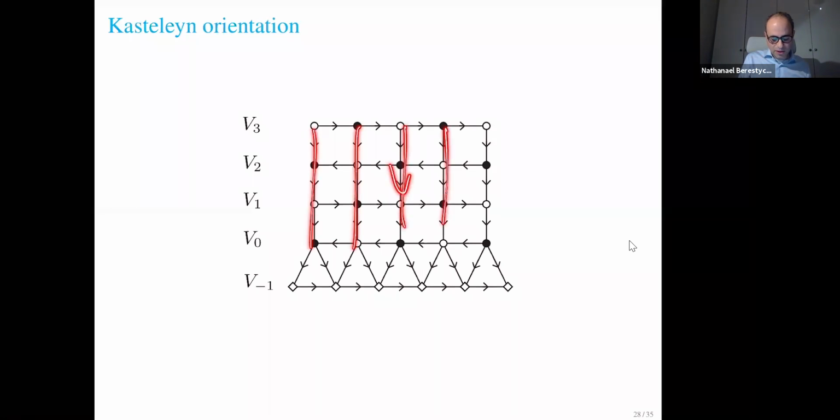The vertical edges are still going down, including the edges of the triangle, and the horizontal edges follow the same rule as before, alternating between going from left to right. That's really, in some sense, the same orientation as before, and because of that, it's still a Kasteleyn orientation. In particular, if you check, if I go around this, I will find one edge going against the flow. So it's still a Kasteleyn orientation.